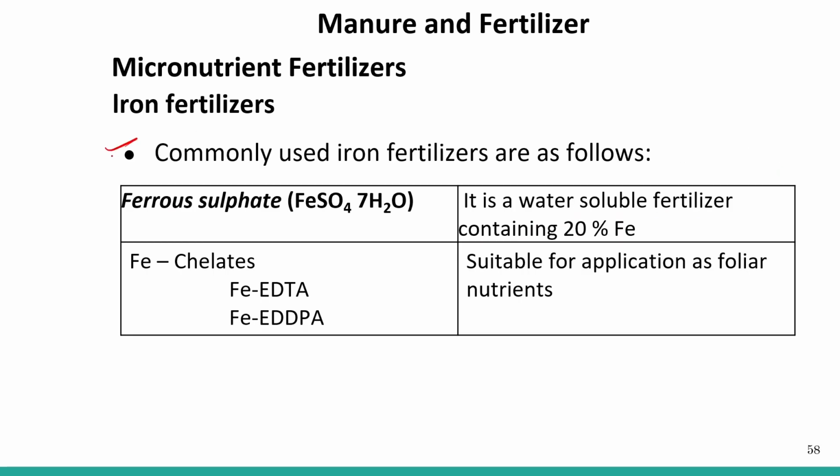The commonly used iron fertilizers are as follows: ferrous sulfate, FeSO4.7H2O, chelates such as FeEDTA and FeEDDHA. Ferrous sulfate is a water soluble fertilizer, and it contains 20% of iron. And this is the Fe chelate form, suitable for application as a foliar nutrient.